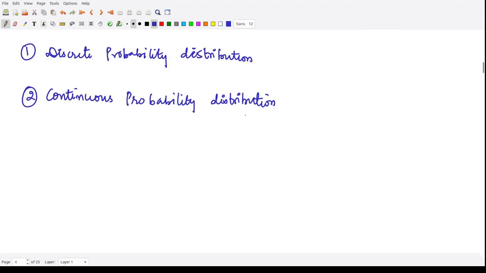In the discrete probability distribution, the random variable x is discrete in nature, and here the random variable itself is continuous in nature.